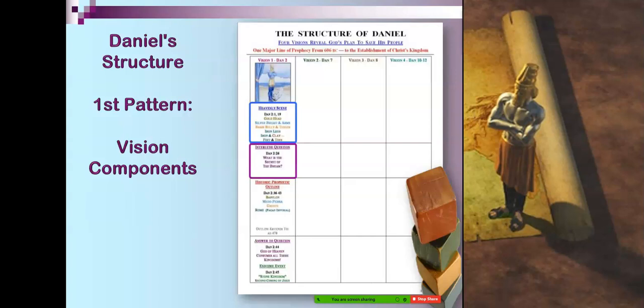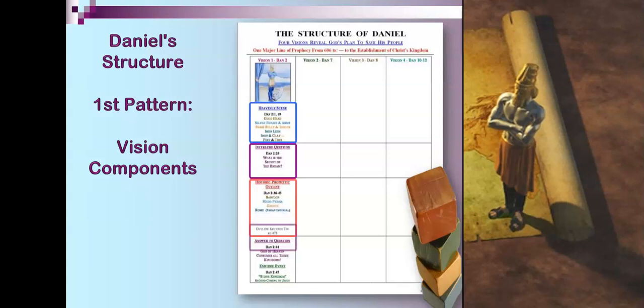After the question, you see the historic prophetic outline. In Daniel 2, it occurs in verses 36 through 43, because there is an interpretation of that dream. So we have more information on what that heavenly scene was about. The interpretation is revealed through Daniel: the gold was Babylon, the silver was Medo-Persia, the bronze Greece, and the iron Rome.